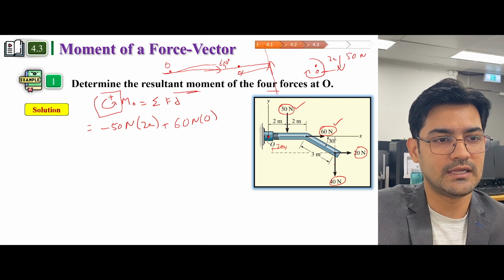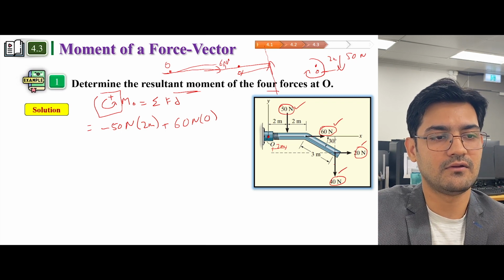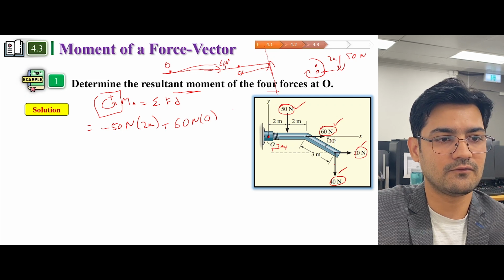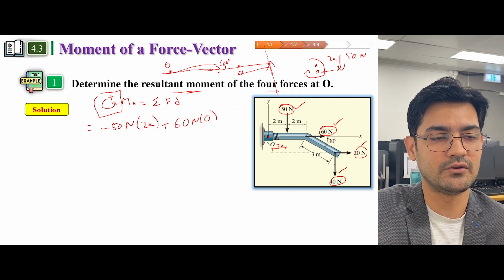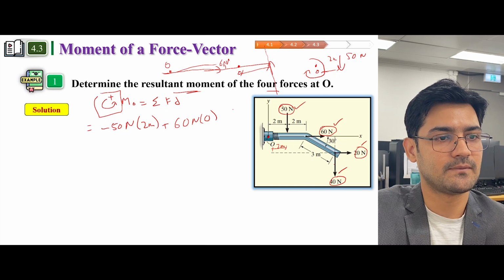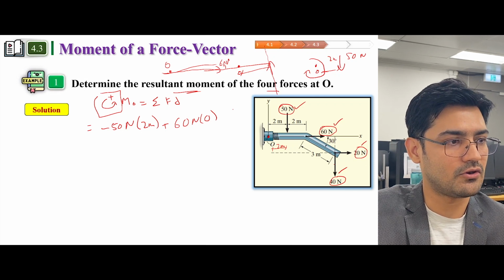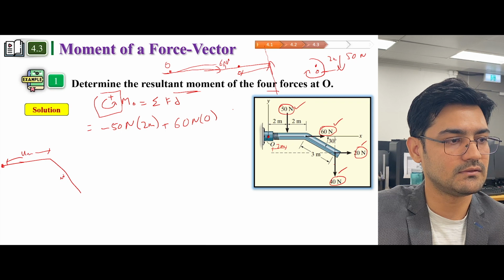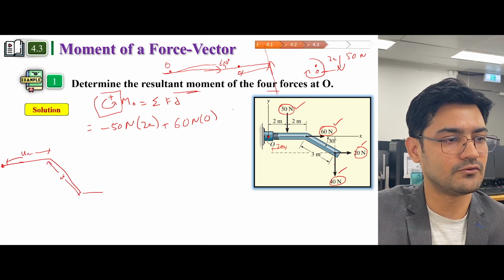Now let's move towards the 20 and 40 Newton forces. Now how to calculate the 40 and 20 Newton distances. I'm going to draw this here. We have point O, and this is 4 meter, and this is 3 meter, and this is the force.